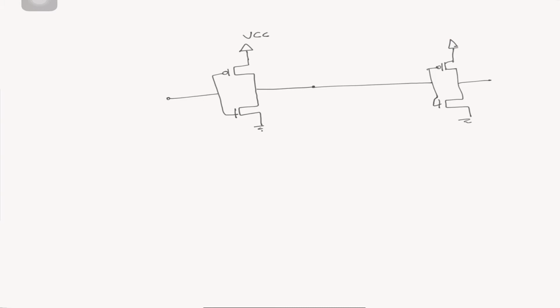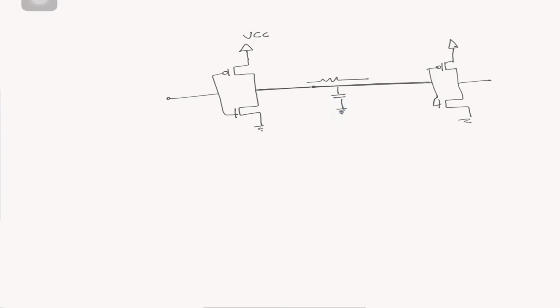Say this is a long line, say 100 micron on a chip. This line has some resistance when the current goes through it. This wire also has some capacitance with respect to ground.